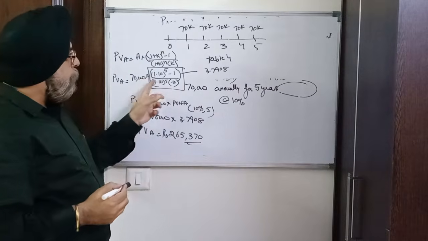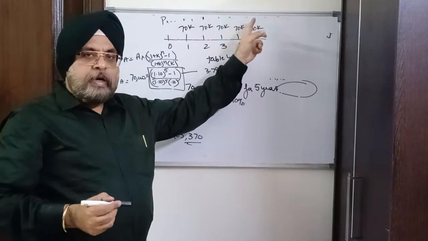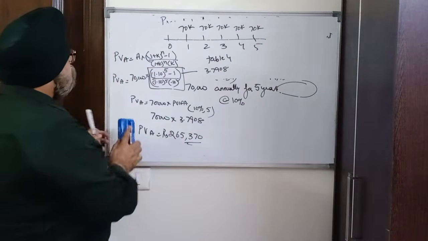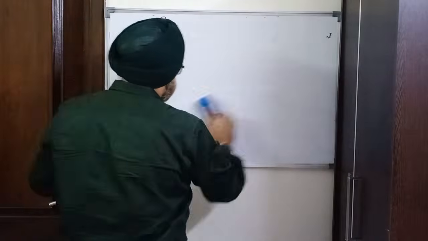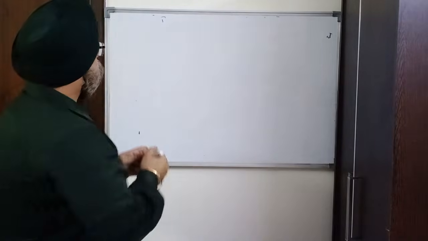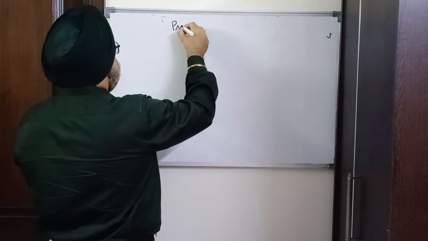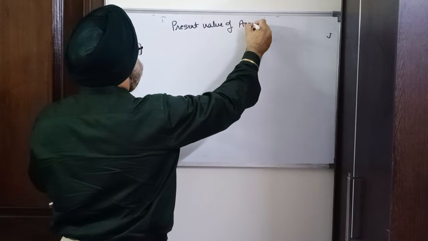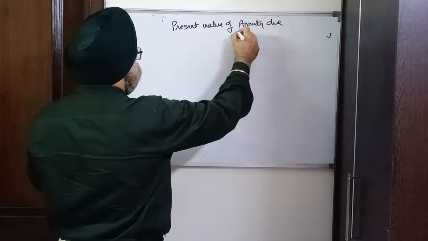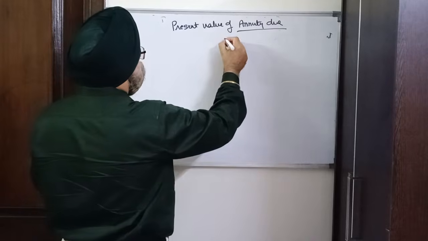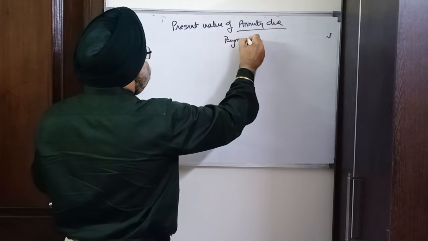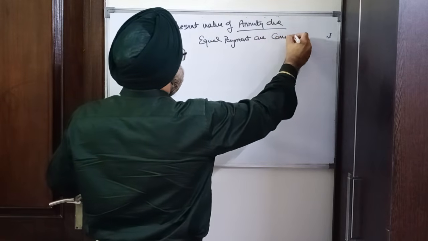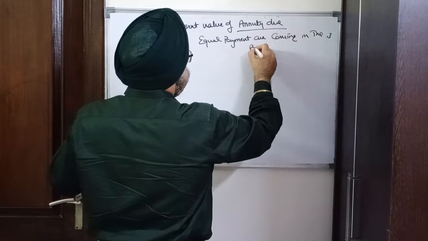We have used this formula because the payments are coming at the end of the year. Now, the next concept. Present value of annuity due. When we use the word annuity due, it means equal payments are coming in the beginning of the period.